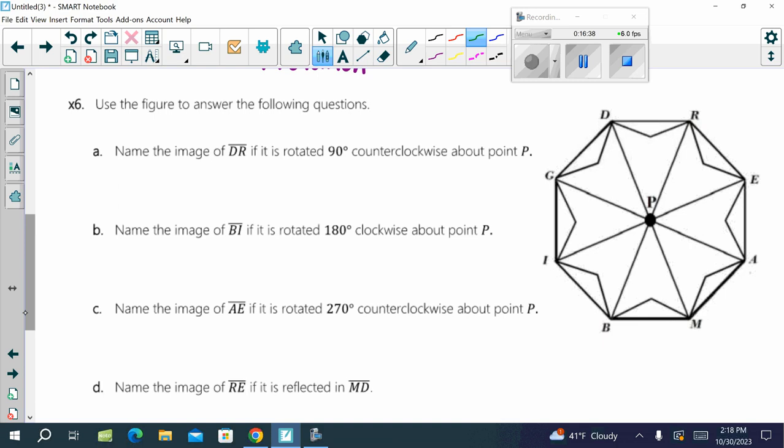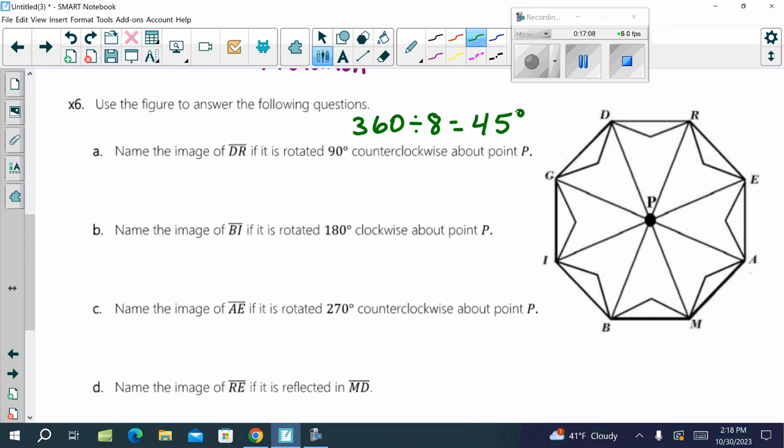Okay, so 360 degrees divided by what's your angle of rotation? How often does it look like itself? 8? Okay. So 360 divided by 8 is how much? 45?